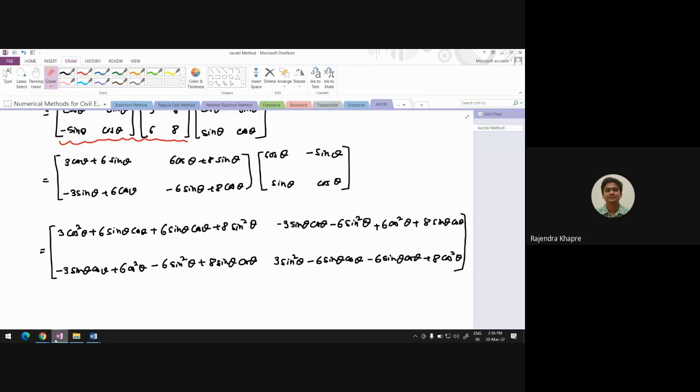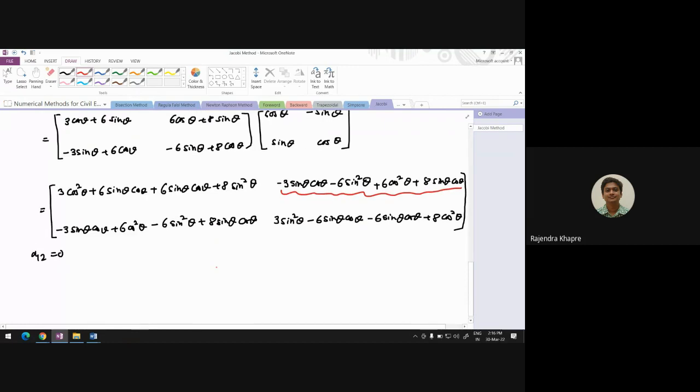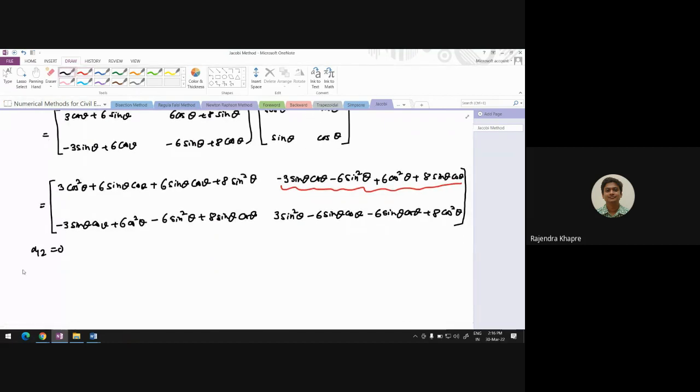Okay, they are the same. So in this case what we are trying to do is make a12 zero. This means this particular element should be 0. But since it is a symmetric matrix, the other will also become the same. So a12 has to be equated to 0.